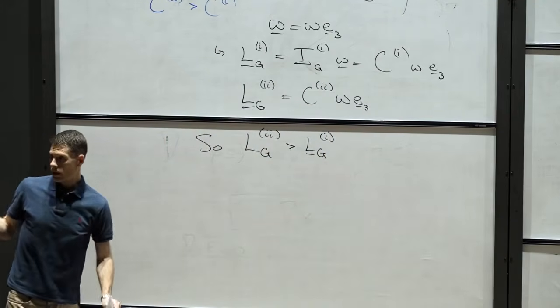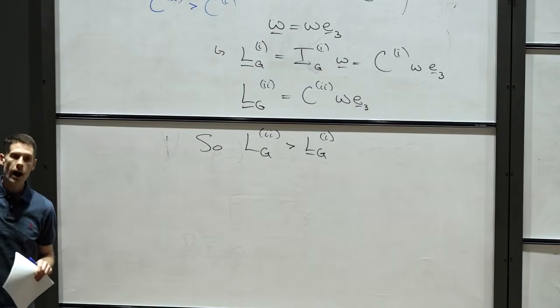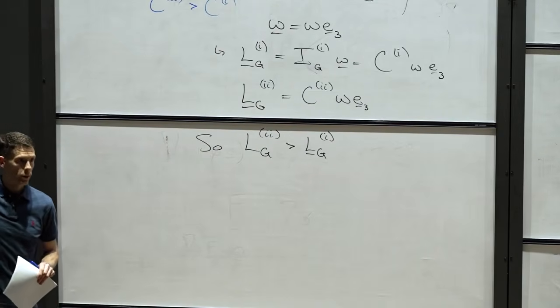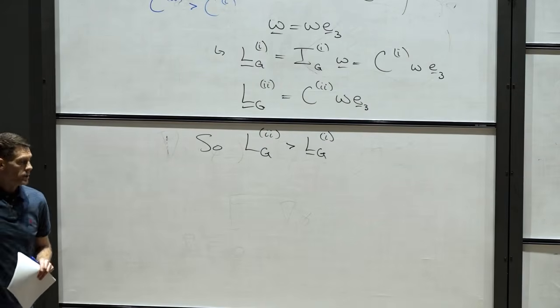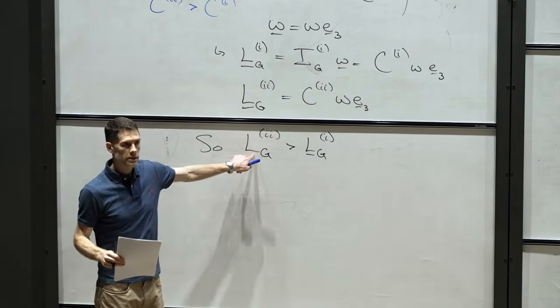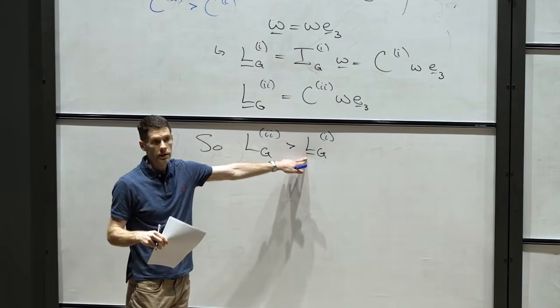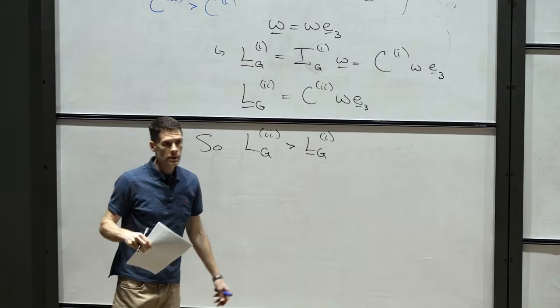Or another way to think of that, the balance of angular momentum says that LG dot is whatever external torque there is. So you can think of it, I need more torque to get the cylinder on the right spinning at the same rate as the cylinder on the left.